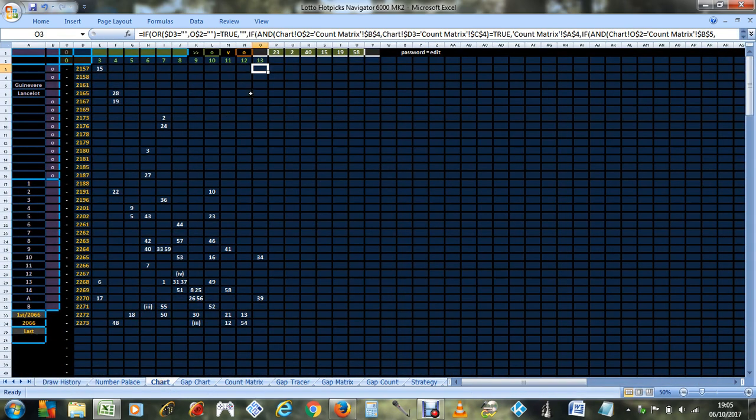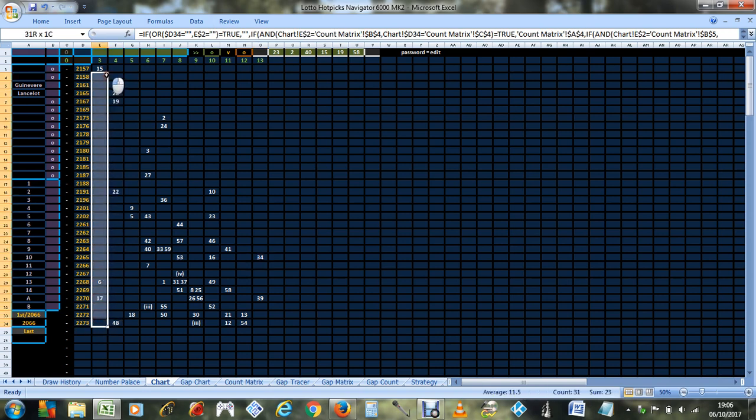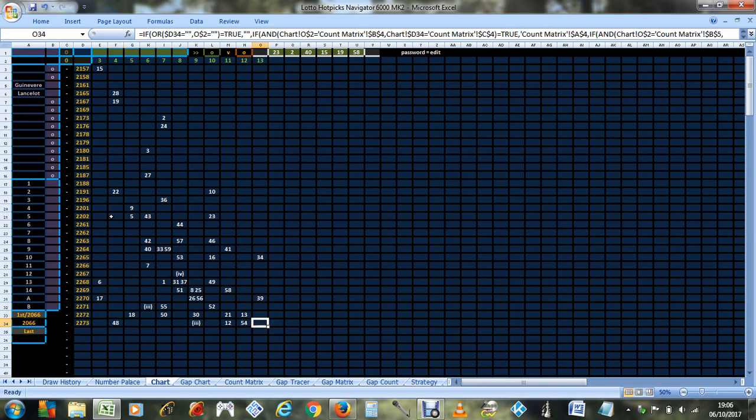And the way to summarise the draw history is by counting the occurrences of the numbers. You have to count how many times they've come out. You have to look at how long it's been since they last came out. And you can't just look at one number at a time, you have to look at all of them together. You have to see where they are in relation to each other.